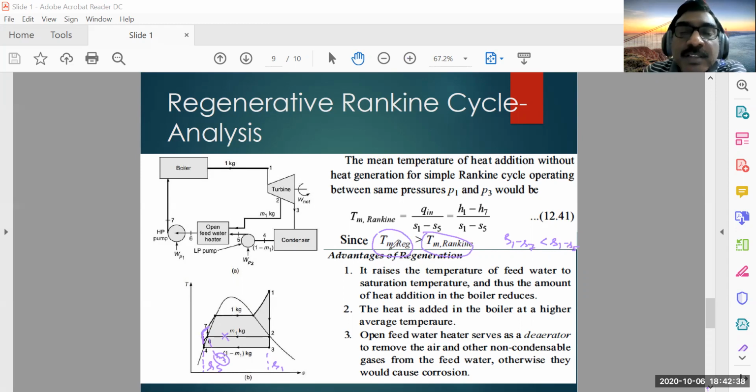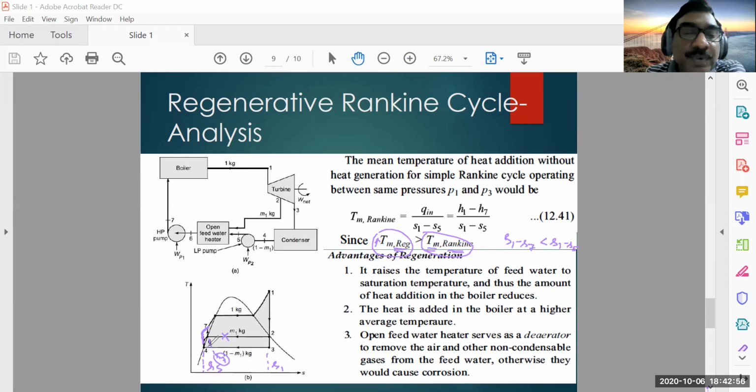Understand the statement? The mean temperature of heat addition of a regenerative Rankine cycle is more than that of a Rankine cycle. So therefore, if this is higher, the efficiency will be higher. So it's as simple as that.